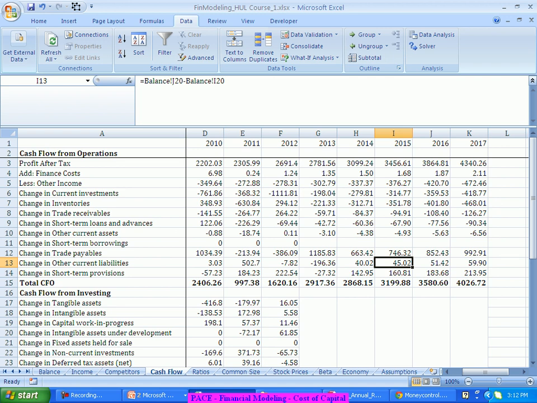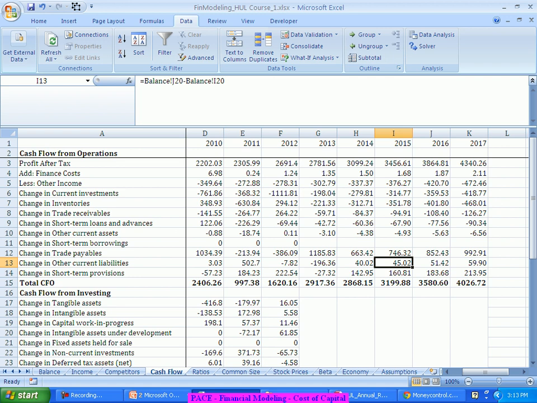The tax is applicable only on the remaining balance after I pay my interest. If this interest is not there, then my tax is applied on the whole EBIT. So, this tax saving is forgone.